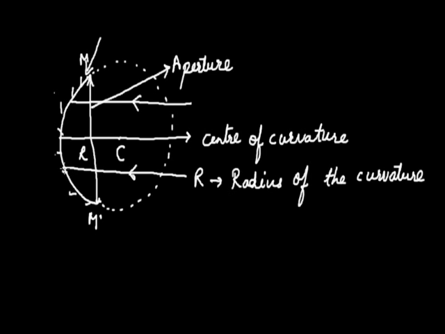They will be converged at a point which lies on a fixed axis which is called the principal axis. This principal axis is obtained by joining two points: one is C, the center of curvature, and one is the pole, which is denoted by P. So here P is the pole of the mirror.